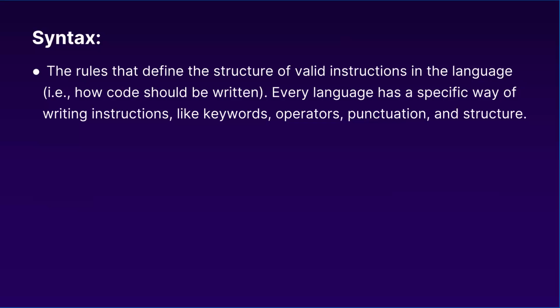These are determined by the syntax. So you must learn the syntax of any programming language. In this course, we are going to be learning the syntax of JavaScript, okay? Every language has a specific way of writing instructions. Every programming language has keywords, operators, punctuation, and structure. You would have to learn this.